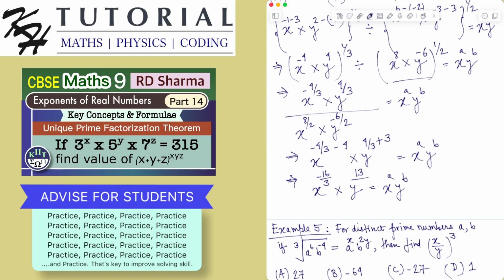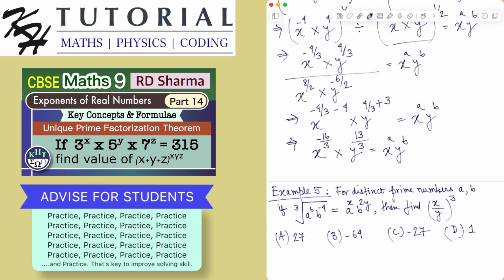So now, since it is given x and y are distinct prime numbers, we can equate the power of x on both the sides and the power of y. So we get a is equal to minus 16 by 3 and b is equal to 13 by 3.